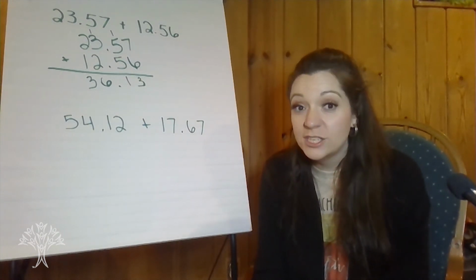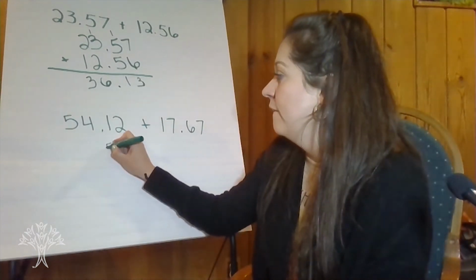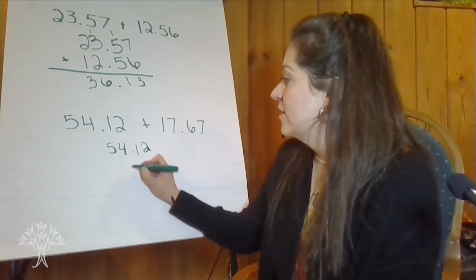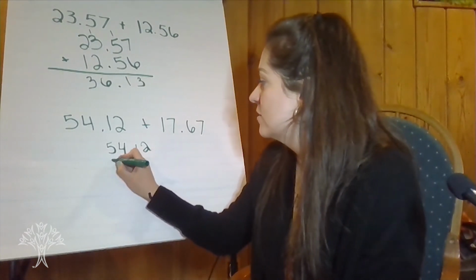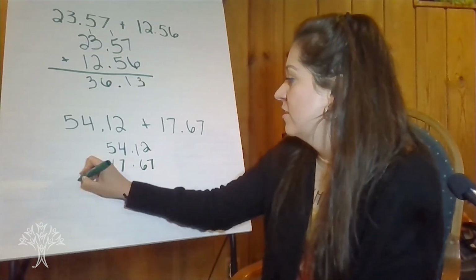Okay, what'd you do first? Did you line them up vertically? Let's do that. 54 and 12 hundredths. Line up my decimals. 17 and 67 hundredths.